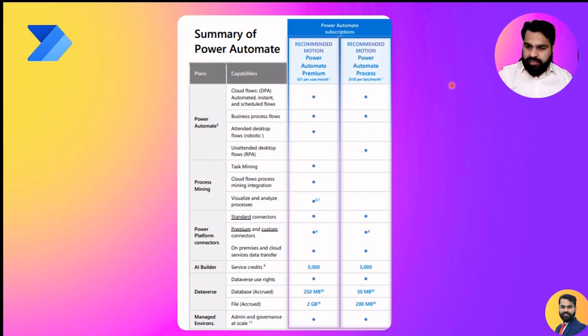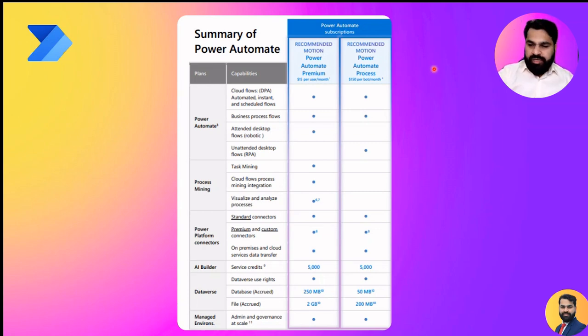Now, the second story is that if this particular Power Automate is already allocated a Power Automate process license, in this case, any user who wants to run this particular Power Automate would not need a Power Automate Premium license. Okay, let me repeat this.